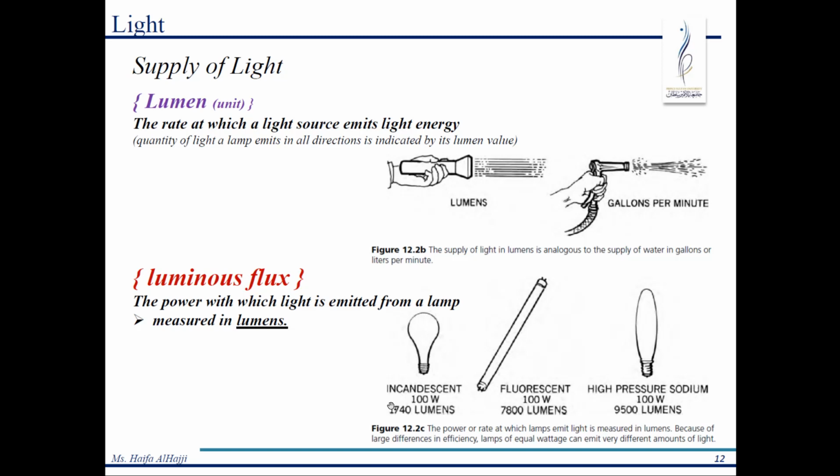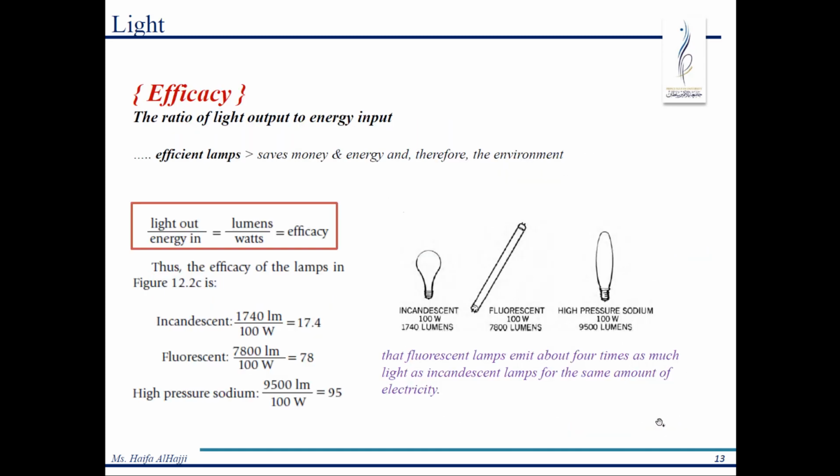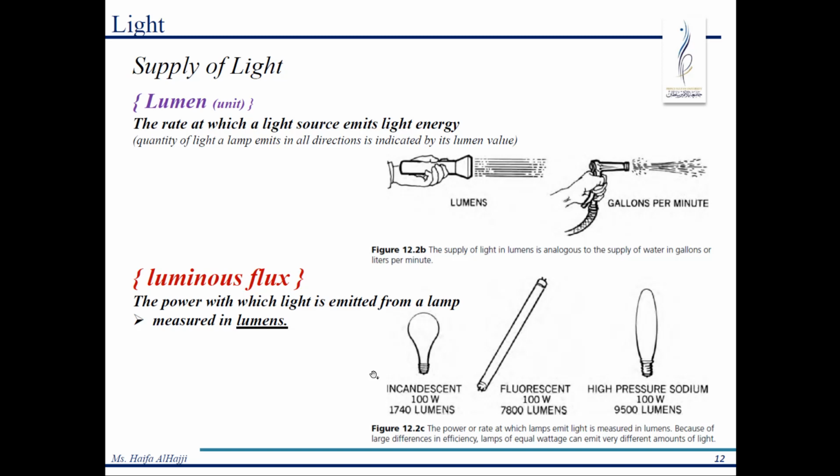Incandescent has 1740 lumens, 7800 lumens coming out of the fluorescent, and high pressure sodium is 9500 lumens. Now, these lamps all have 100-watt power, so it makes the comparison much easier. So the incandescent produces the least amount of light, the least lumens.